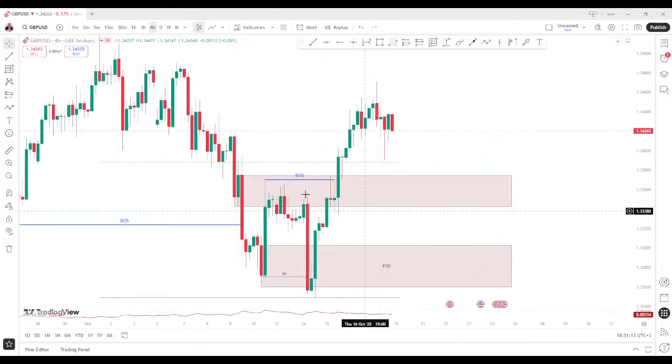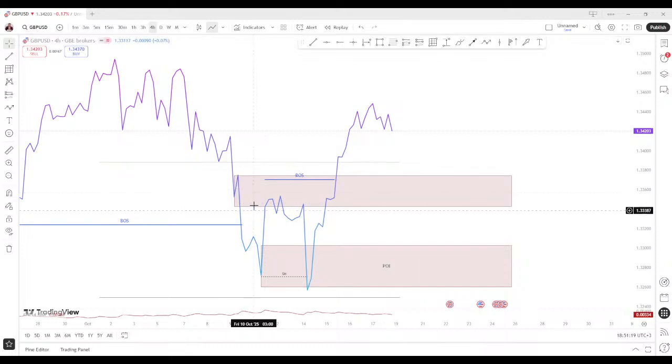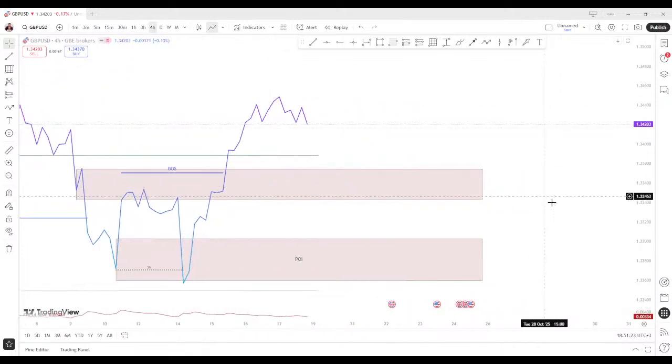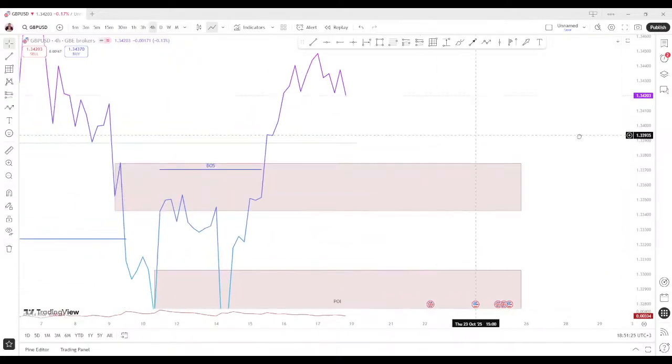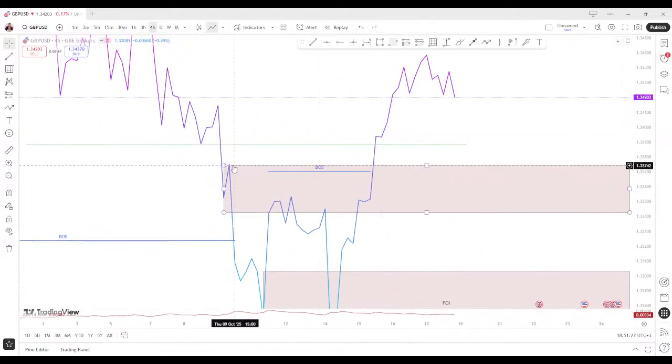Okay, here you see where I have the BOS. If you remove the wicks, this is where the market broke structure. Can you see here? This is where the market broke structure there.